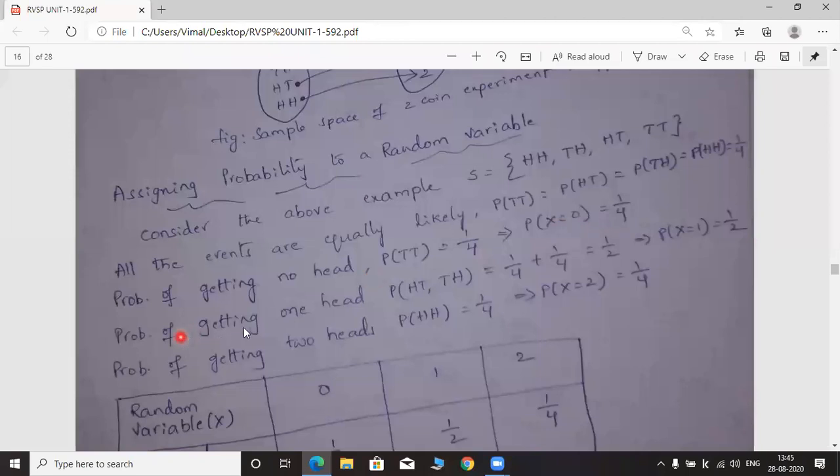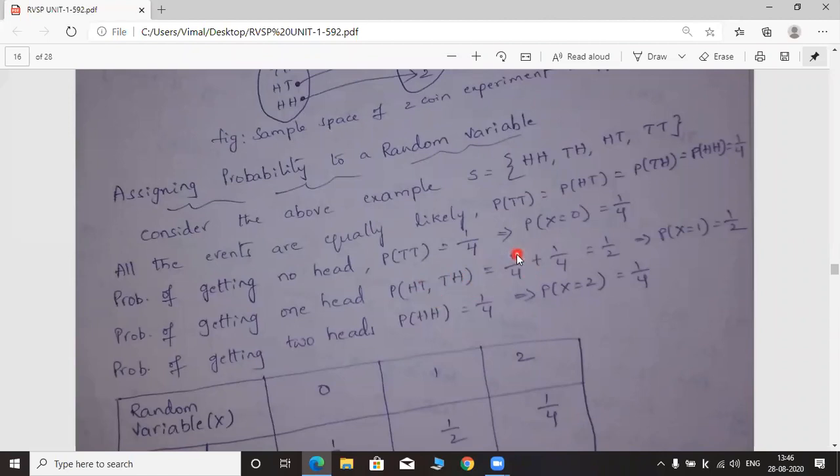Next point is the probability of getting one head. That means only one coin shows head, whereas the second coin shows tail. So probability of HT, TH, these two events must be combined here, because the first coin may show head and the second coin tail, or the first coin may show tail and the second coin head.